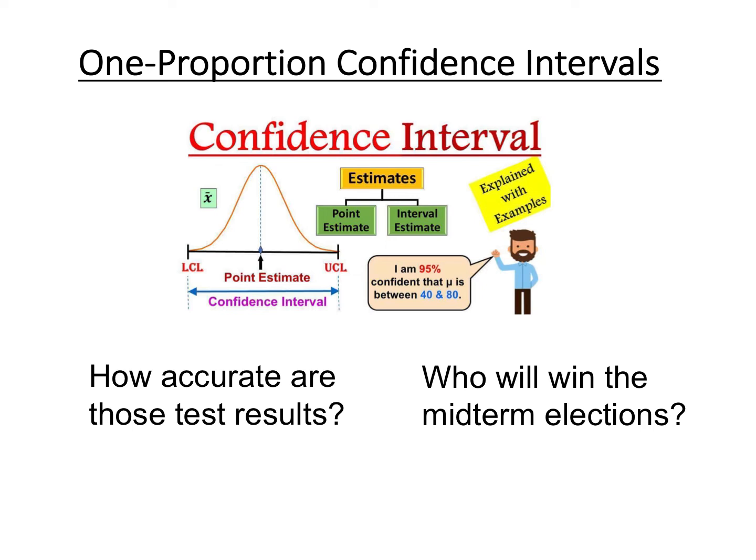Okay? So a confidence interval for a proportion talks about things like how accurate is that test result? We can say it's maybe 92% accurate, but there's a margin of error with that. Who will win the midterm elections? Who will win presidential elections? Presidential elections and state elections are all estimated with a margin of error of 3%.